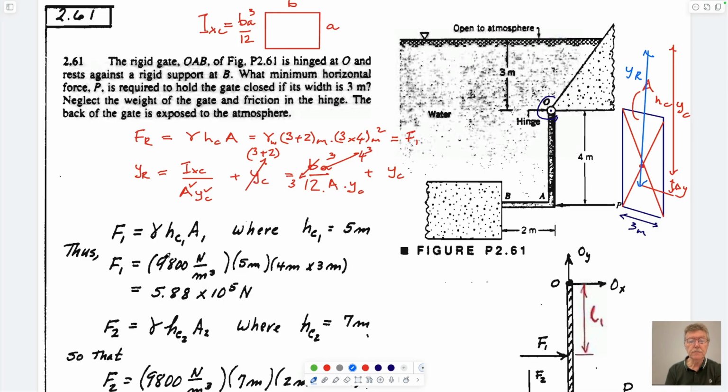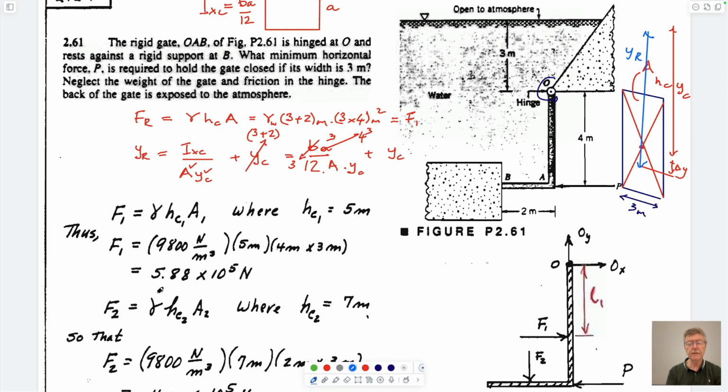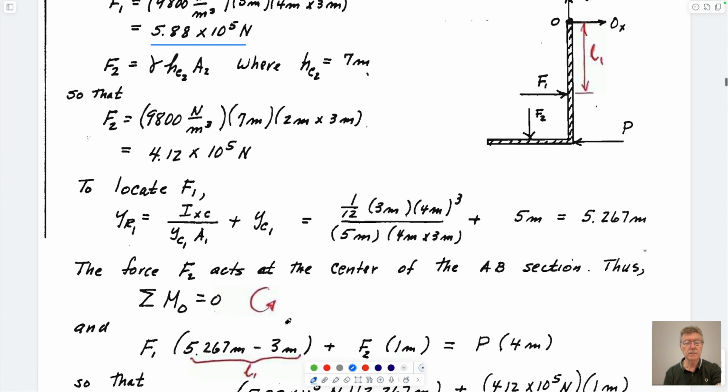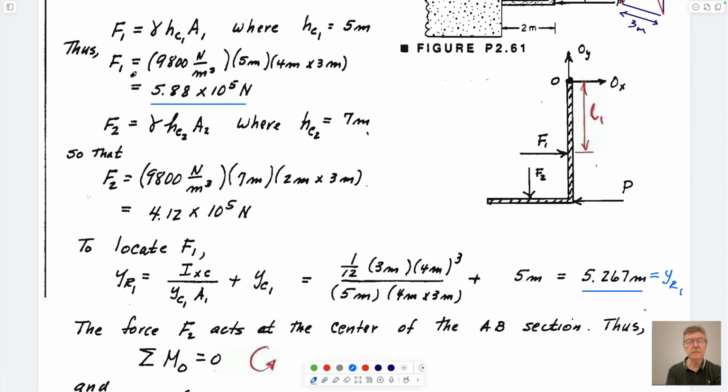So we know the magnitude of the force acting horizontally, which is F1 here, and we know the location of action for it, which is YR1. I guess we could call it YR1 because we're calling this force 1, and this is F. If we wanted to, we could call this FR1, or perhaps not, because they don't in the text. Let's just keep F1.